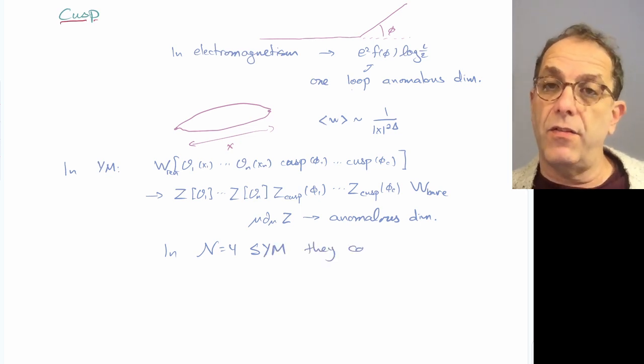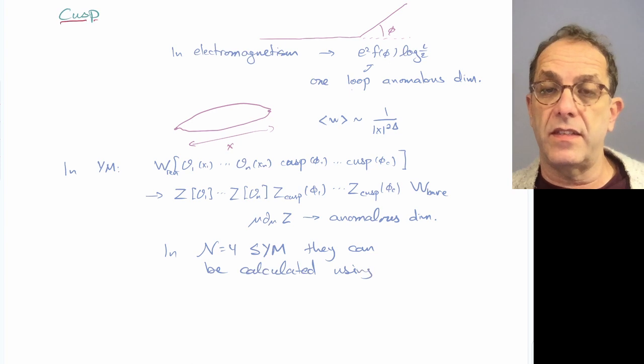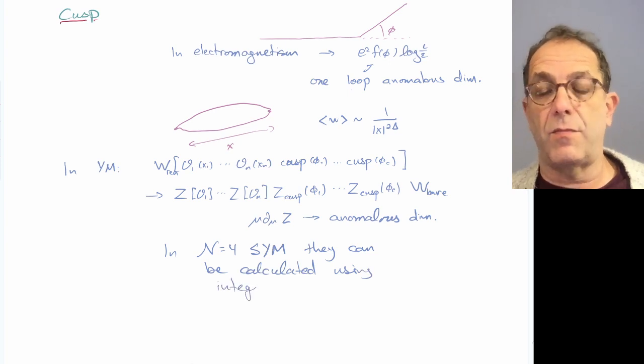And in a theory like N equals 4 super Yang-Mills, which is conformal, you can evaluate these Z's, and you can evaluate these anomalous dimensions, and you can use integrability to calculate these anomalous dimensions as a function of the gauge coupling.